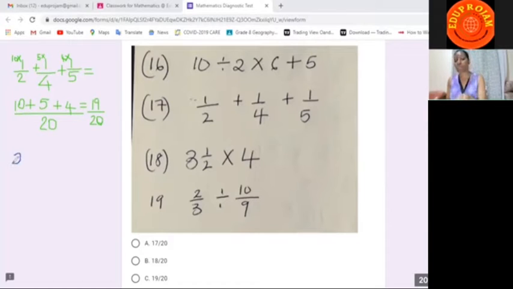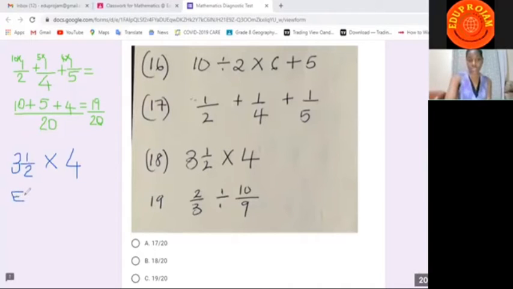A proper fraction is a fraction where the numerator is smaller than the denominator. So let's go over those three again. A proper fraction, the numerator is less than the denominator. And a mixed number, or a mixed fraction, is where we have a whole number and a fraction.